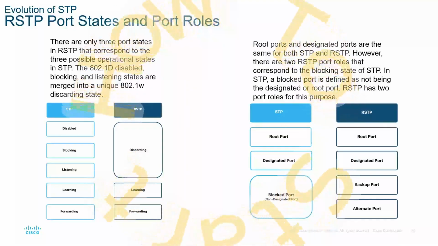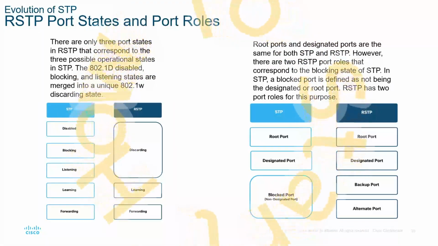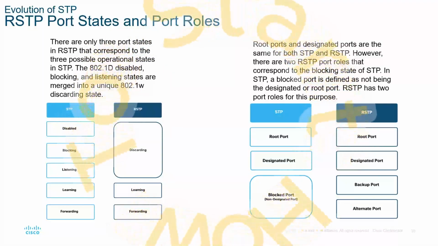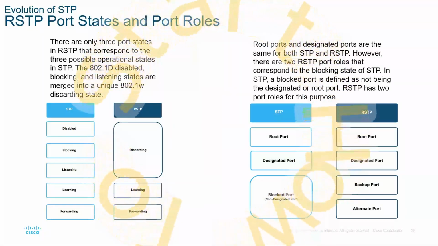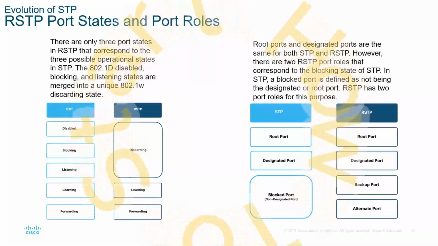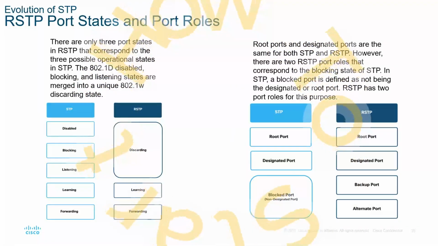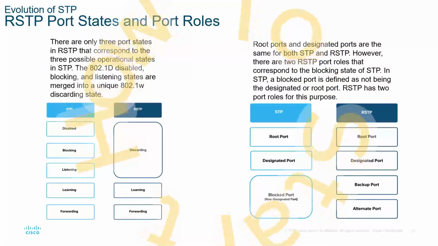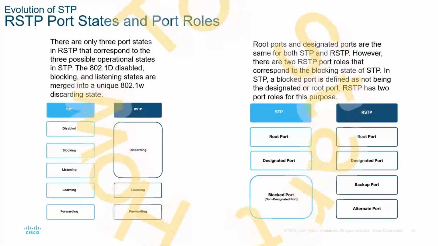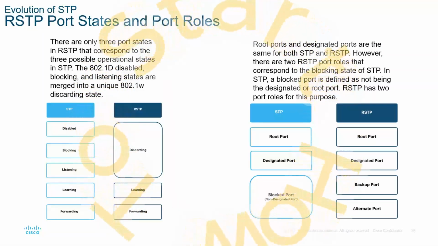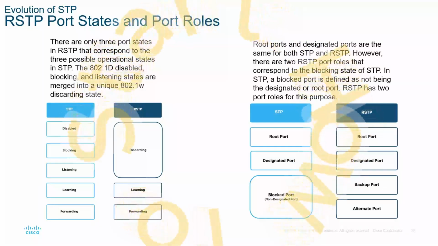So STP versus RSTP, when we're talking about the different states of the ports, when we actually have operational status, we have our disabled, our blocking, our listening. Well, in RSTP, all of those are discarding. Only learning and forwarding line up. When we're talking ports, we have the exact same types of ports.